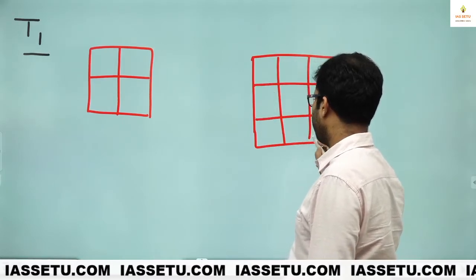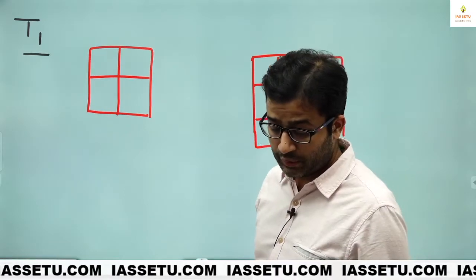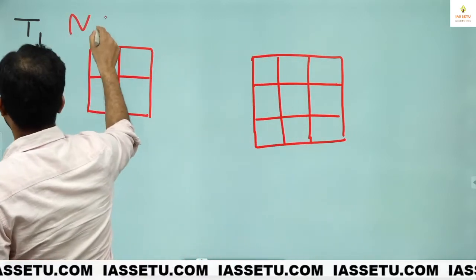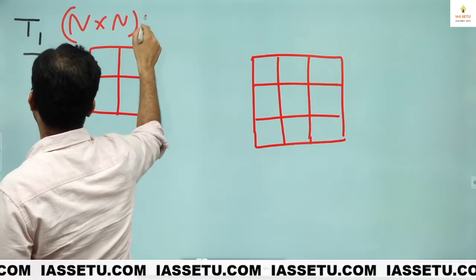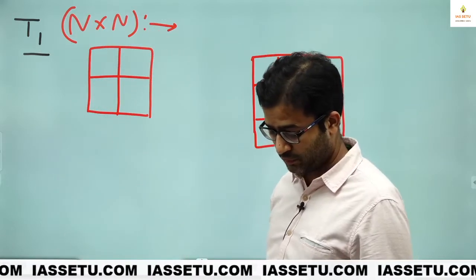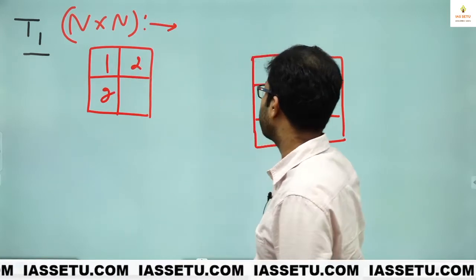That is the idea. So here we call it an n by n figure. Number of columns n, number of rows n, n by n figure. Like here, this is 2 by 2: 1 and 2, 1 and 2. This is 3 by 3.